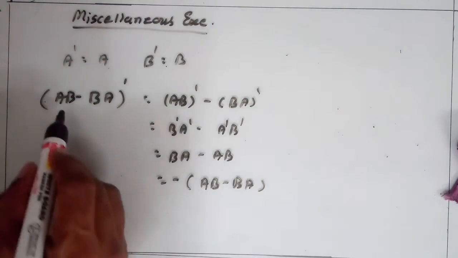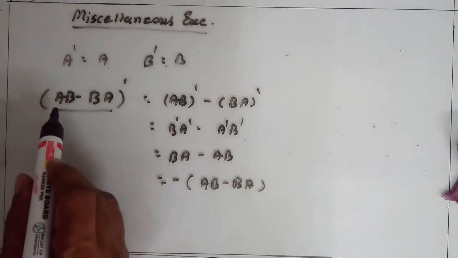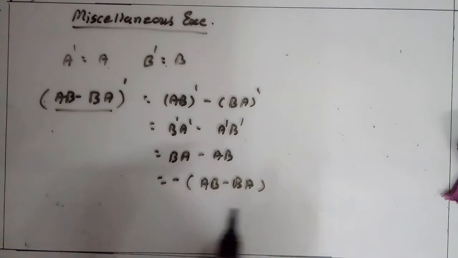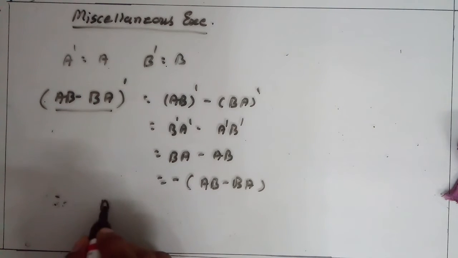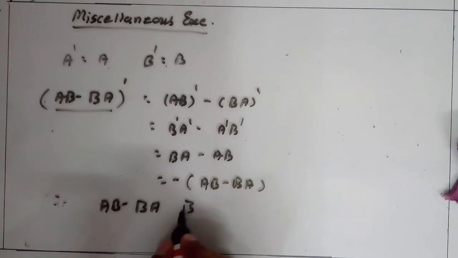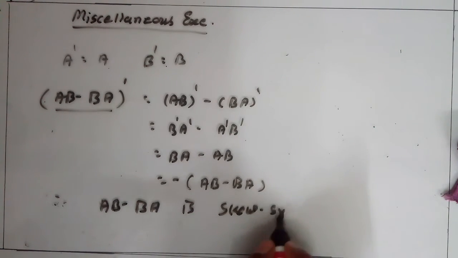Clear? So what do you say about this matrix AB minus BA? Here transpose of AB minus BA is equal to minus of AB minus BA. Therefore AB minus BA is a skew symmetric matrix. Clear?